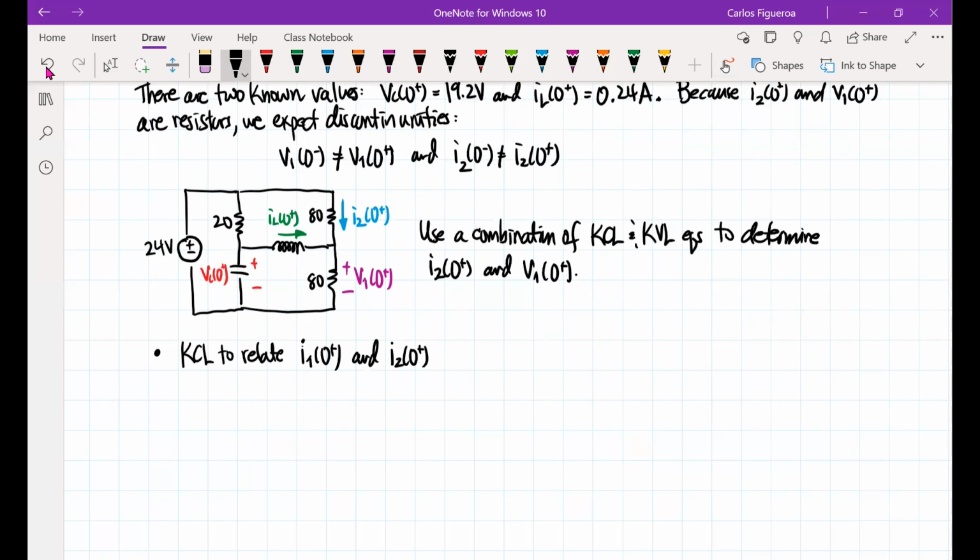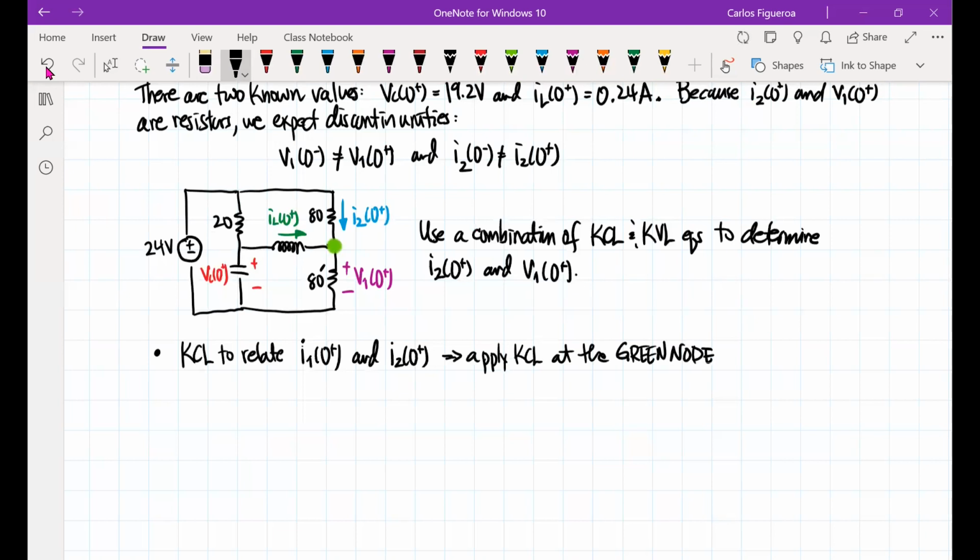To make it a little bit clear, if I call the first resistor 80, I'm going to call the second one 80 prime, just to differentiate between these. The only way I can relate these two currents is if I have a node right here, and here's my green node. So I apply KCL at the green node.